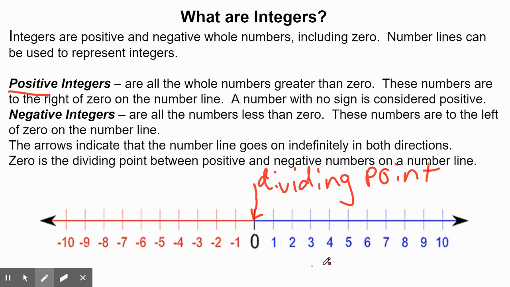Now, let's talk about our positive integers. Positive integers are going to be to the right of 0. These are the numbers you are used to dealing with. Then to the left of 0, we're going to have our negative numbers.